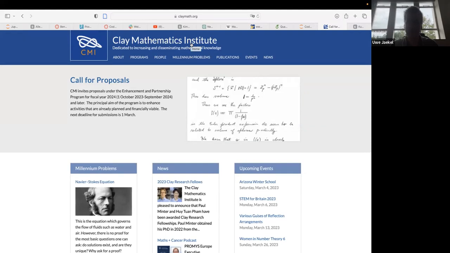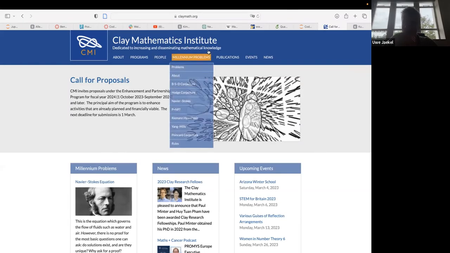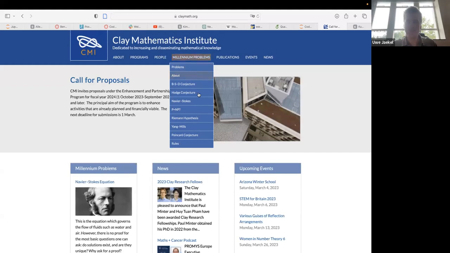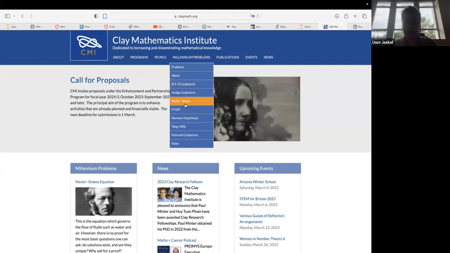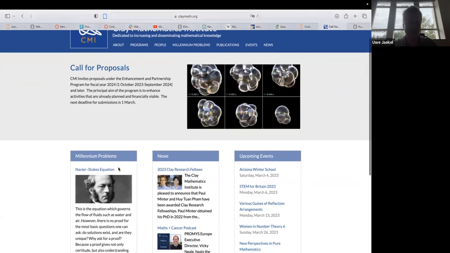This is a foundation dedicated to increasing and disseminating mathematical knowledge, and as a kind of motivation, they have singled out 7 interesting problems. Here you see some of them, and Navier-Stokes is one of these so-called millennium problems.